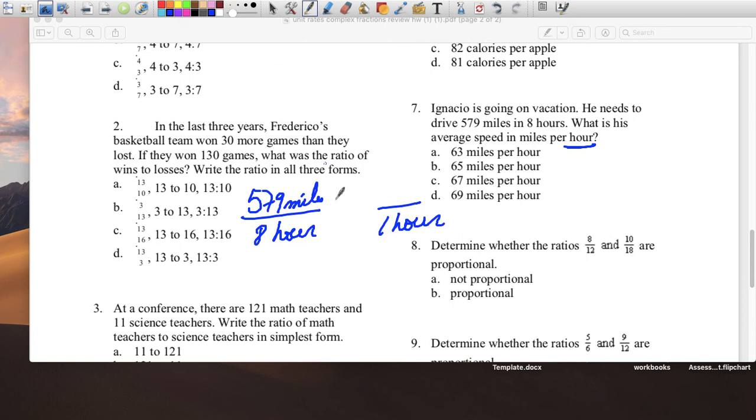Well, how do I get to 1? Divide by 8. So I'm going to divide the top by 8. And 579 divided by 8 equals 72. Uh-oh.